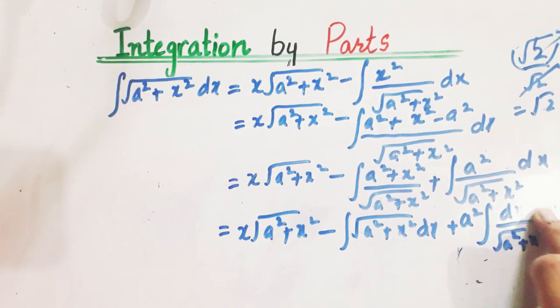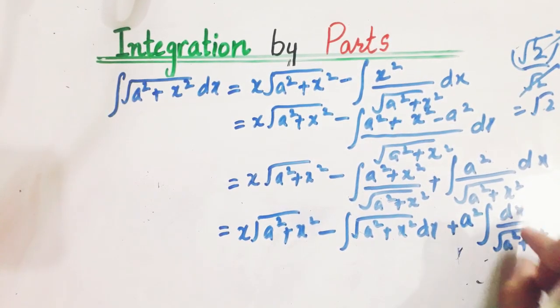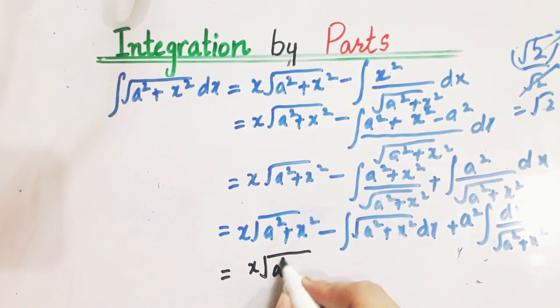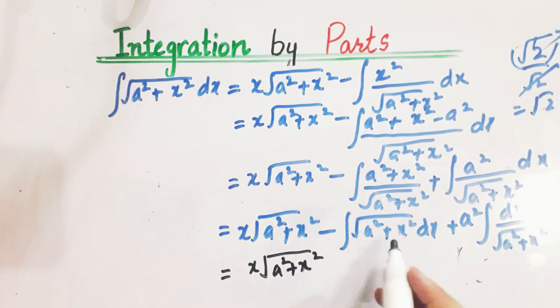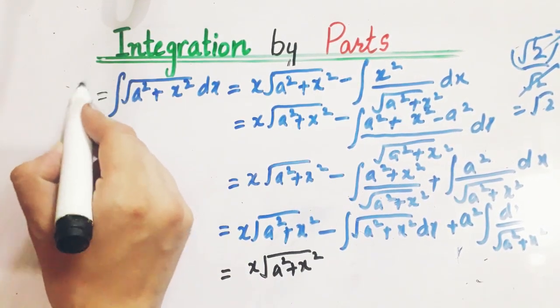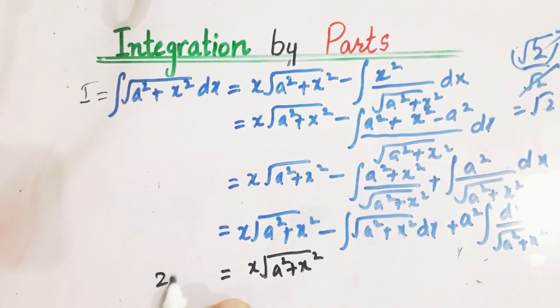So we know that dx over square root a square plus x square is sine hyperbolic inverse of x over a. So this will be equal x square root a square plus x square, and this equals I, a square plus x square, this was I, so we have I plus I, 2I.